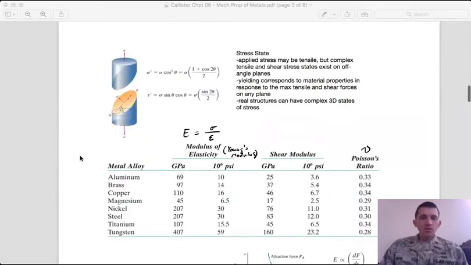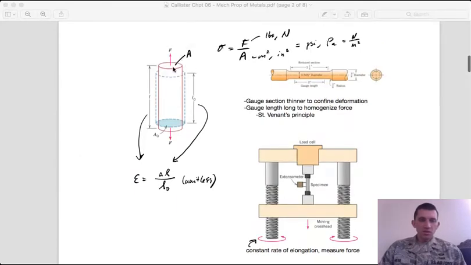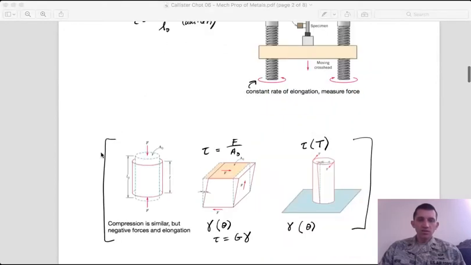And so within the sample, in any case, when we do a stress strain or mechanical test, we are producing some sort of state of stress. And in simple terms, right, we can think about the stress in this uniform perpendicular cross-section here as just being the force over the cross-sectional area.